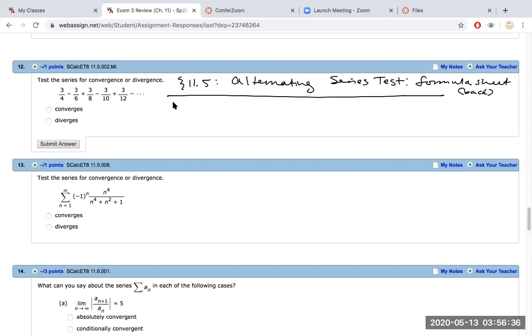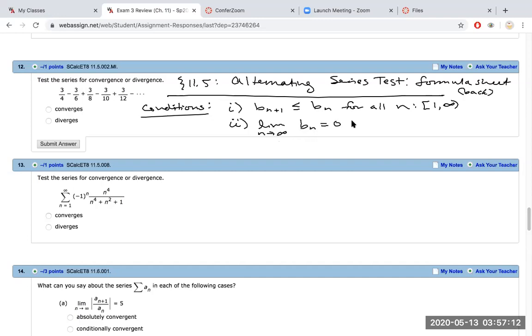But the conditions I want you to check and actually have written out in your shown work are: B sub n plus 1 is less than or equal to B sub n for all n within a certain bound, typically 1 to infinity, and that the limit as n goes to infinity of your B sub n is equal to 0 over the same bound.